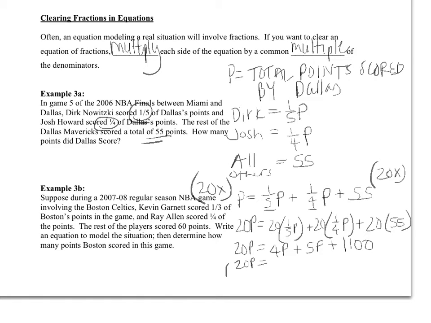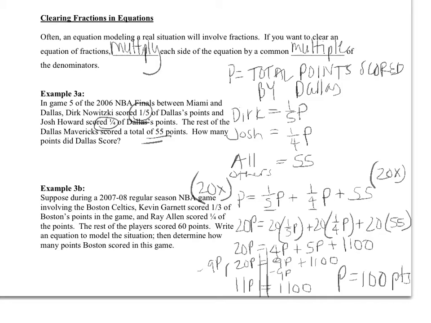We have 20p equals 4p plus 5p is 9p, plus 1100. We can subtract 9p on both sides. So we have 11p equals 1100. If we divide both sides by 11, p equals 100. That's the total points scored by Dallas.